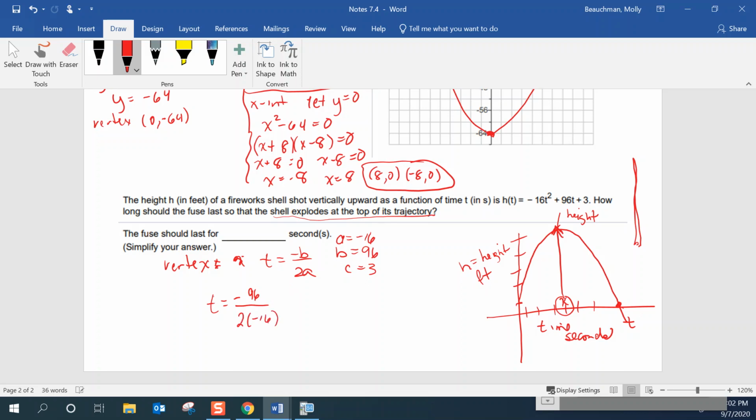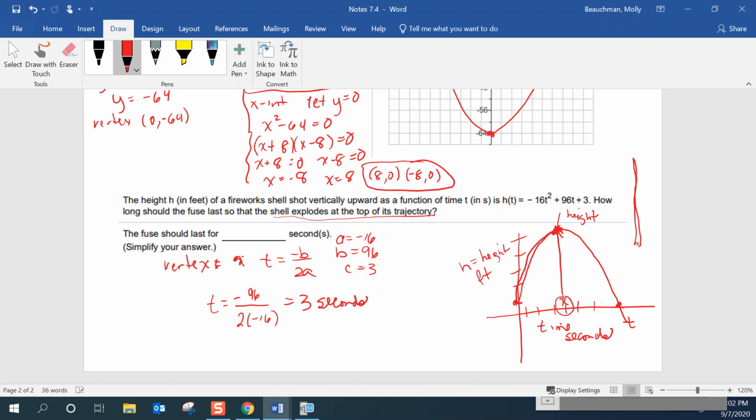So we want negative 96 divided by negative 32. And we end up with 3. So it's going to be 3 seconds. So it's going to take 3 seconds for the firework to go from here to the top of its trajectory.